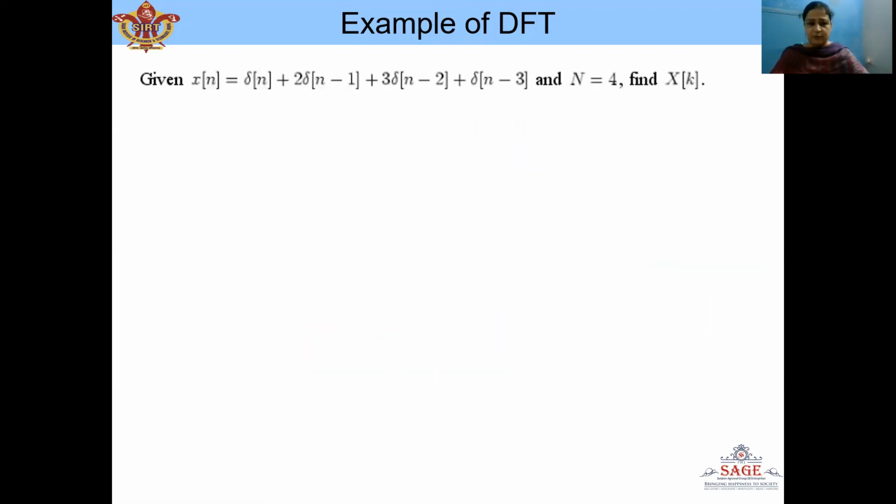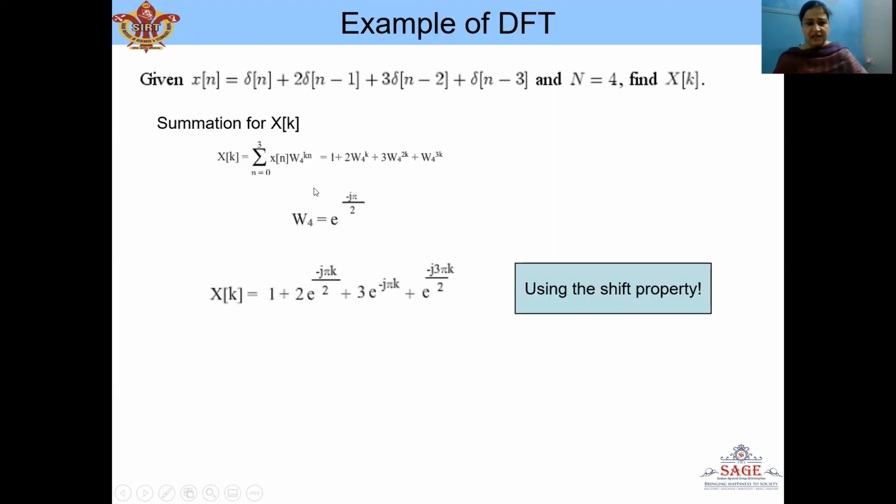Now here we can see one more example, where we want to find the DFT of x(n) equals delta(n) plus 2 delta(n minus 1) plus 3 delta(n minus 2) plus delta(n minus 3). Here we are taking capital N equal to 4. Using the shifting property of the DFT, we can see the answer.